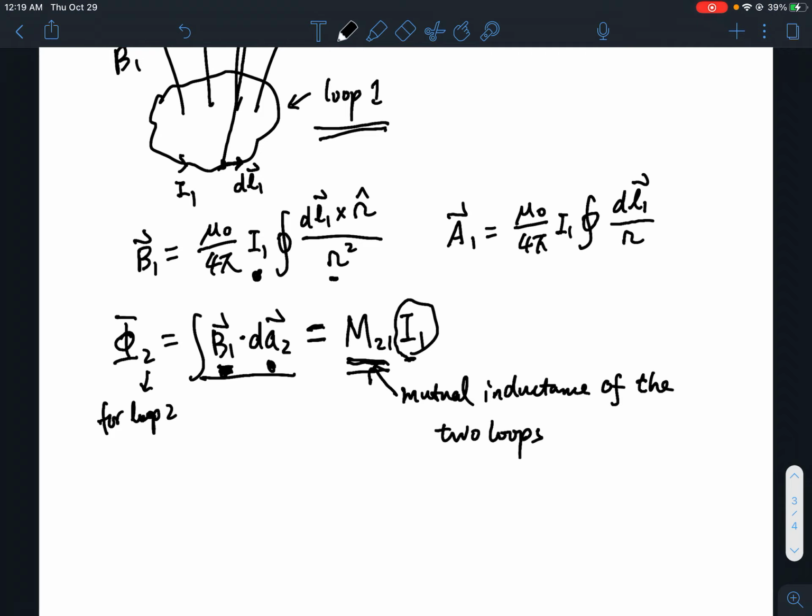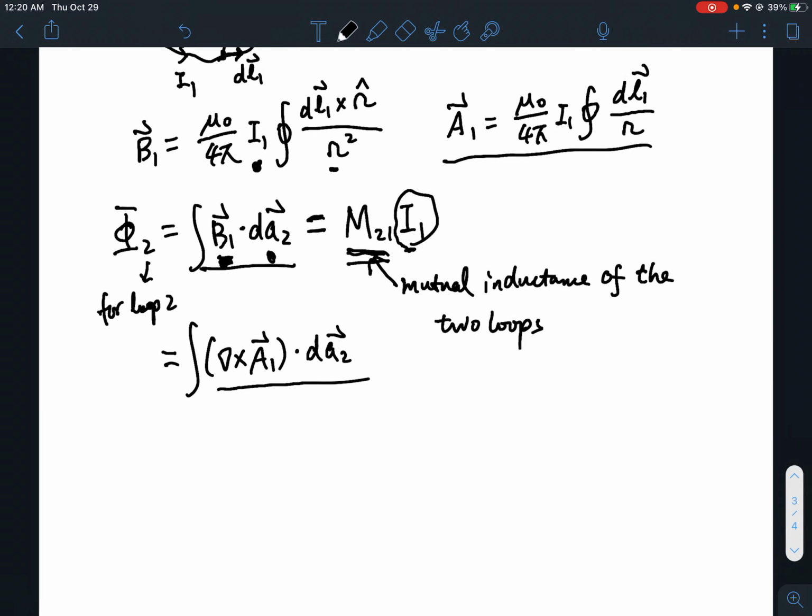There is a very nice way to write down this M21. It uses some tricks about the vector potential, and also uses the Stokes theorem. The idea is that B is del cross A, because that is the definition.